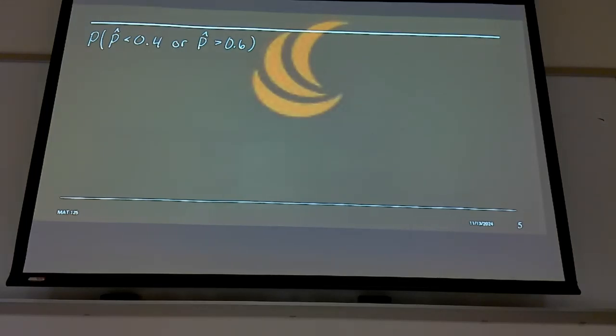In this case, in fact for all proportions, your events are mutually exclusive. There's going to be no overlap between less than 0.4 and greater than 0.6.